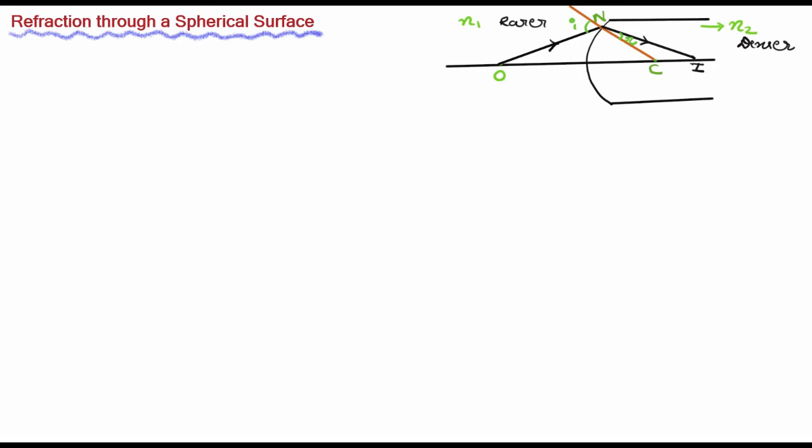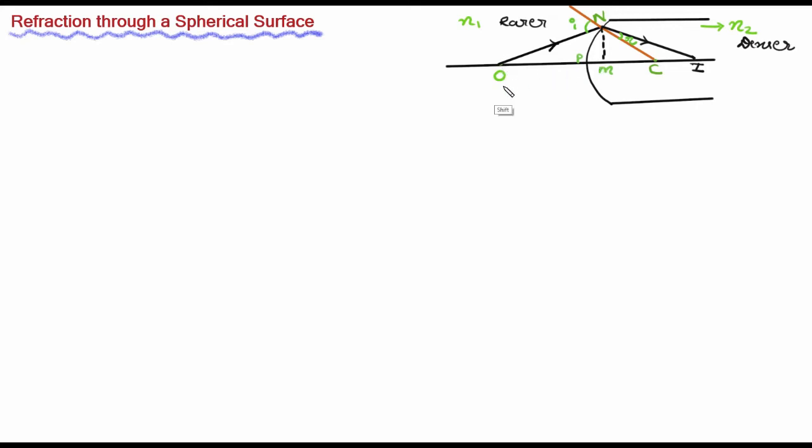Fine. Now what I am going to do, I am going to draw a perpendicular here. Okay. So I am drawing one perpendicular here and I will name the point as M. Okay. Here you have pole. So this P and M will be very close to each other. Since both will be close to each other, instead of P I can consider M, or in place of M I can consider P, because the distance between them is very, very small.